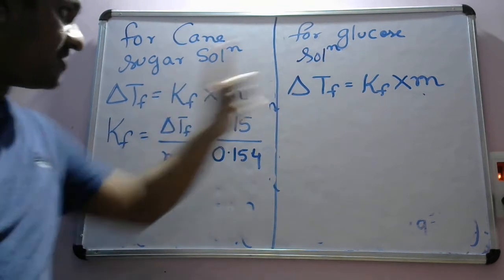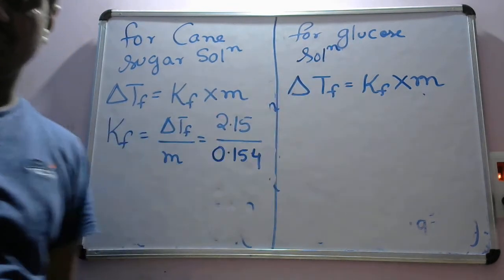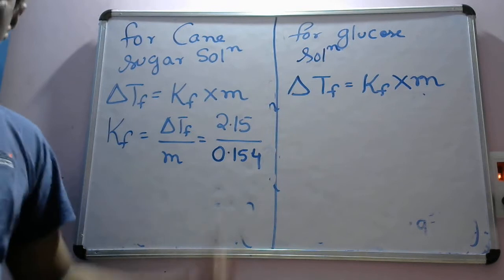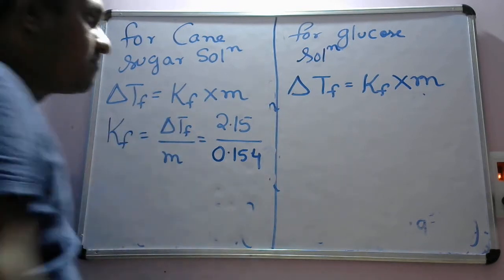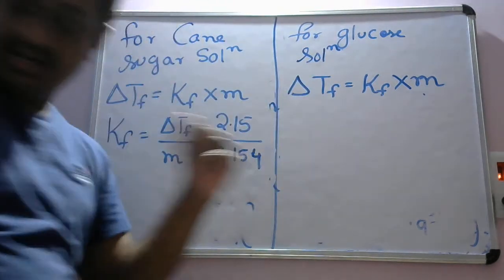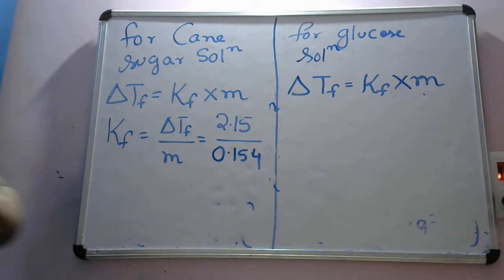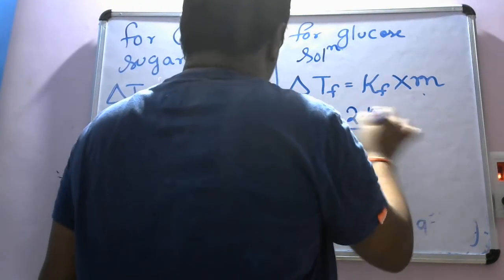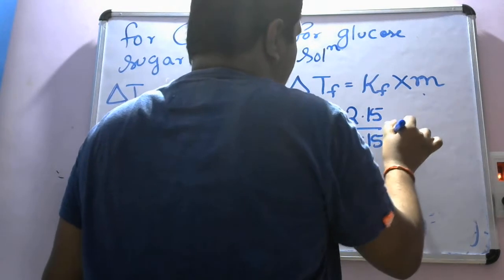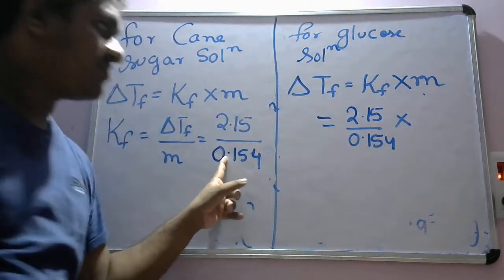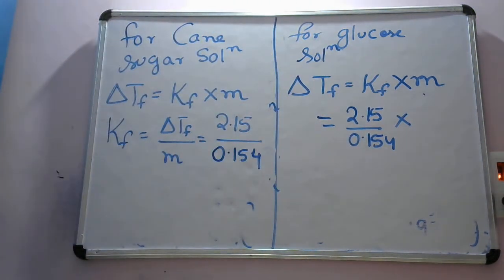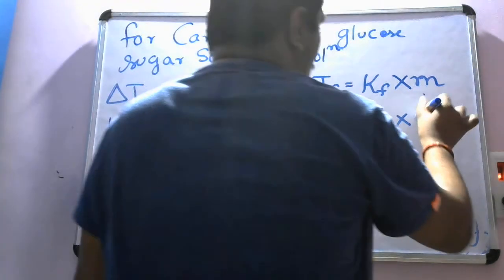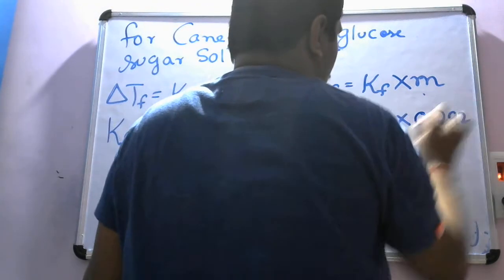Now that Kf we will apply here for glucose solution because the solvent is same, so the Kf value will also be same. So now delta Tf we can calculate very easily from the formula, that is 2.15 by 0.154, substituting this value of Kf there, into 0.292, the molality of the glucose solution.